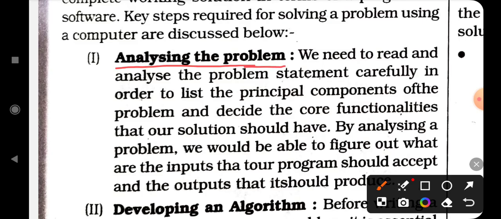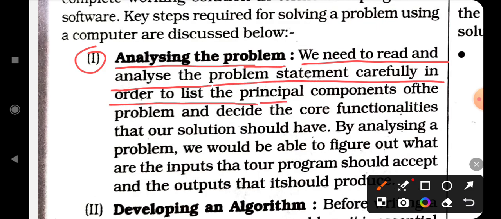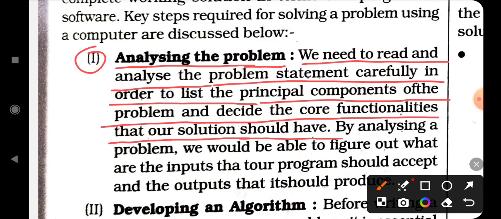Analyzing the problem. First, analyze the problem. We need to read and analyze the problem statement carefully in order to list the principal components of the problem and decide the core functionalities that our solution should have.